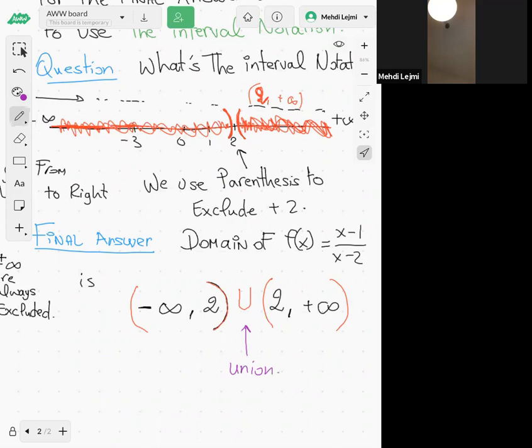I have this first interval going from negative infinity to positive 2, excluding positive 2, and then I start again at positive 2, excluded again, and go to positive infinity. So this should be your final answer to this question.